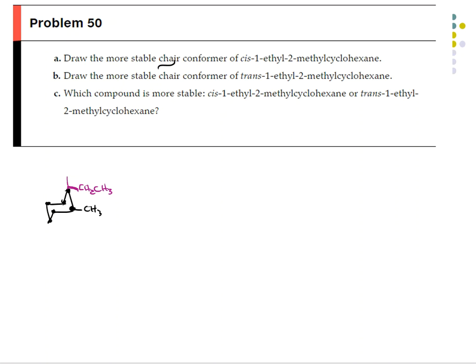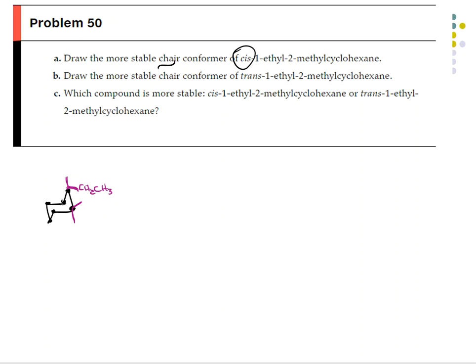Because we're focused on the most stable conformer, I have to remember, if this axial points straight up, this axial points straight down. If this equatorial goes slightly down, then this equatorial has to go slightly up. They're kind of opposite. They've always been that way. The reason I'm doing this is because I'm going to have to put a methyl group in, but I have to make sure that I put it in on the cis location.